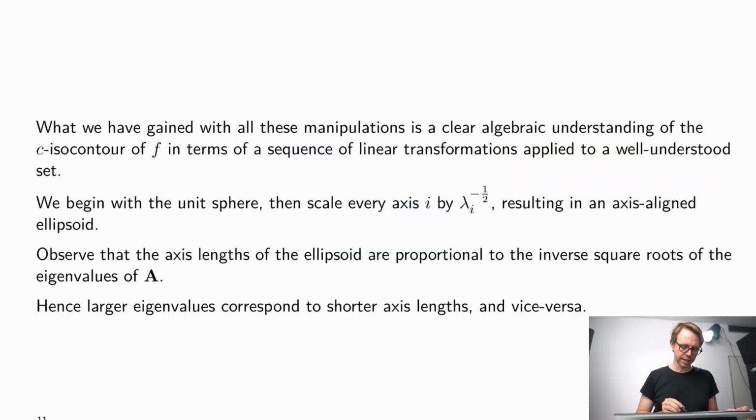Then we are rotating this, and then we multiply that by the square root of c. Now observe that the lengths of these ellipsoids are proportional to the inverse of the square root of the eigenvalues of A. That means that for dimensions where we have large eigenvalues, we actually will get tighter, and if we have small eigenvalues, then it will be going far.